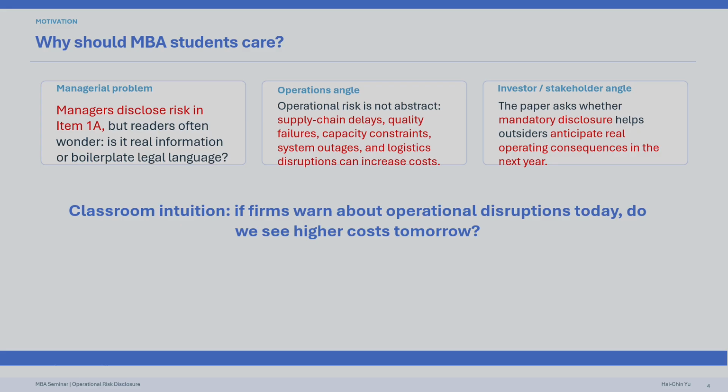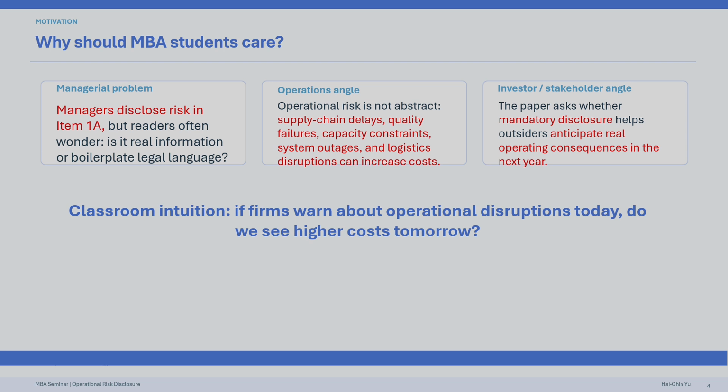Supply chain delay, quality failure, capacity constraint, system outage, or logistic disruption can always increase the operational cost. So the paper examined a very direct dimension, which is operational cost, whether risk leads to cost increasing. The paper asks whether mandatory disclosure helps outsiders anticipate or predict the real operational consequences in the next year.